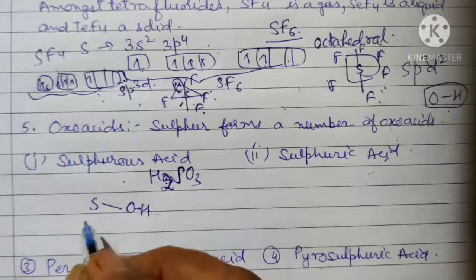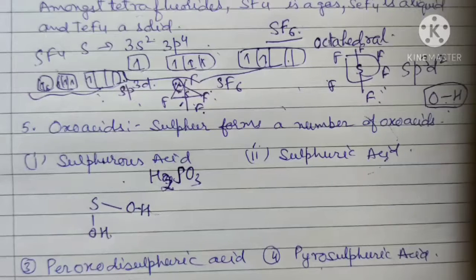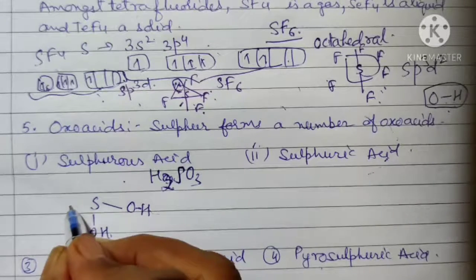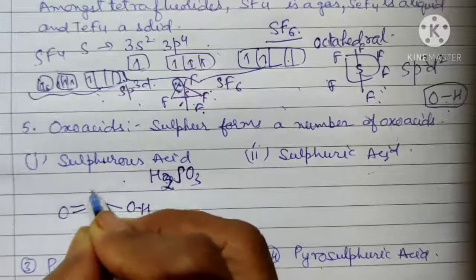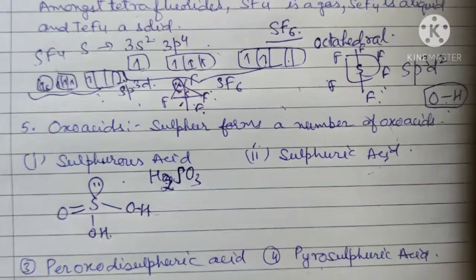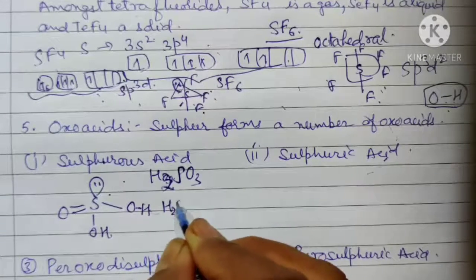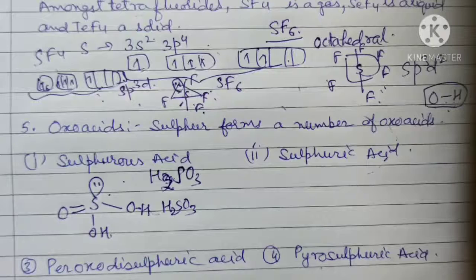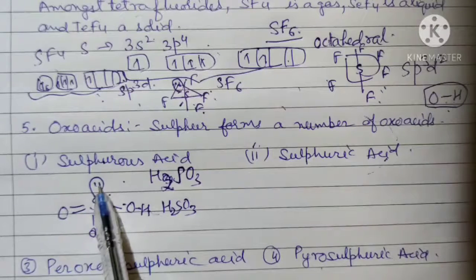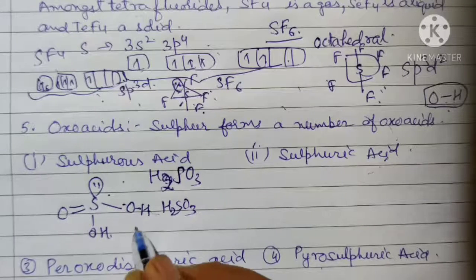Because 2 hydrogens are there, we can write 2 OH bonds here, and it is tetrahedral in nature, and then 1 double bond O and 1 pair of electrons will be there, because sulfur is present here in +4 oxidation state. This is H2SO3. This is OH bond, this is double bond, and 1 lone pair of electrons is present there. So the structure is tetrahedral.